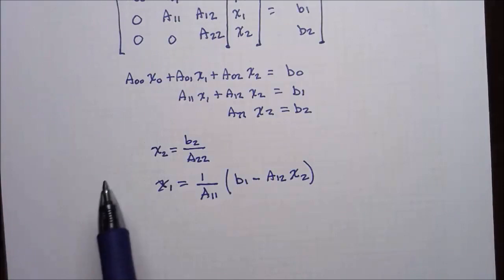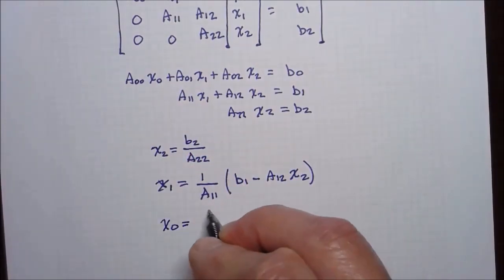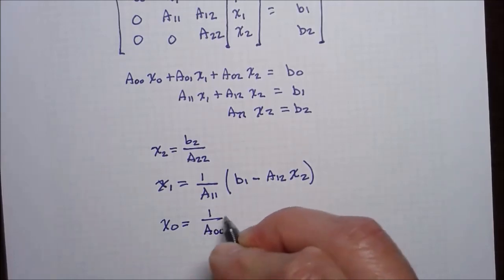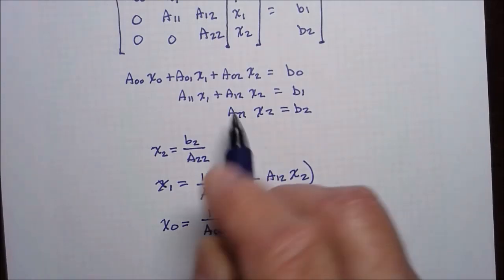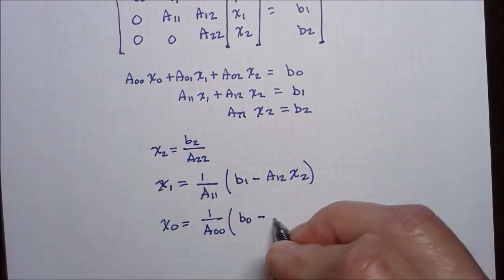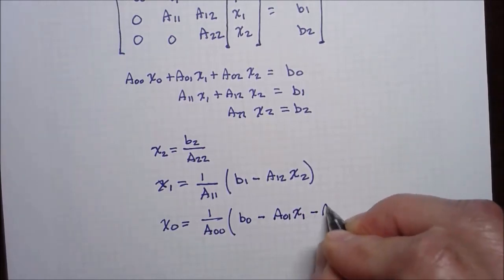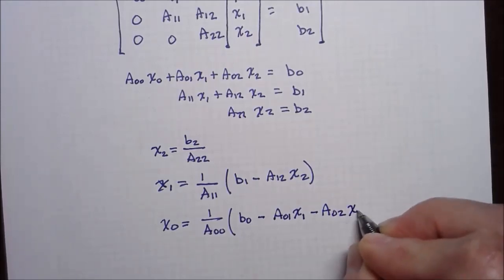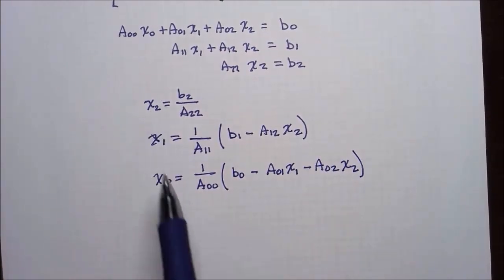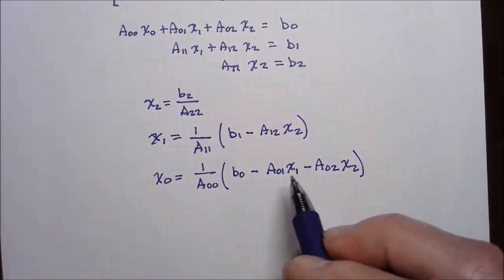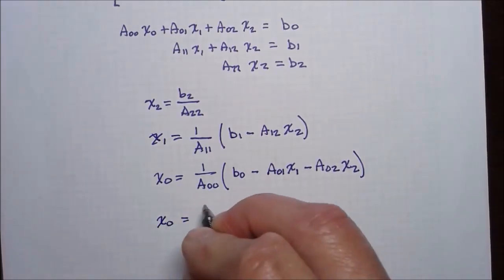And now if I write the equation for x0, that's going to be equal to 1 over A00. And now we have a B0 minus A01 times x1 minus A02 times x2. Okay, so this is in general terms the solutions. Now if you'll notice, let me look at this last one and do a little manipulation.